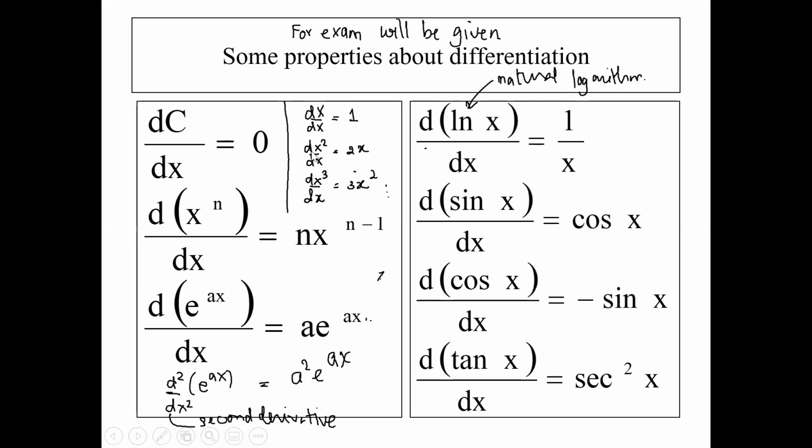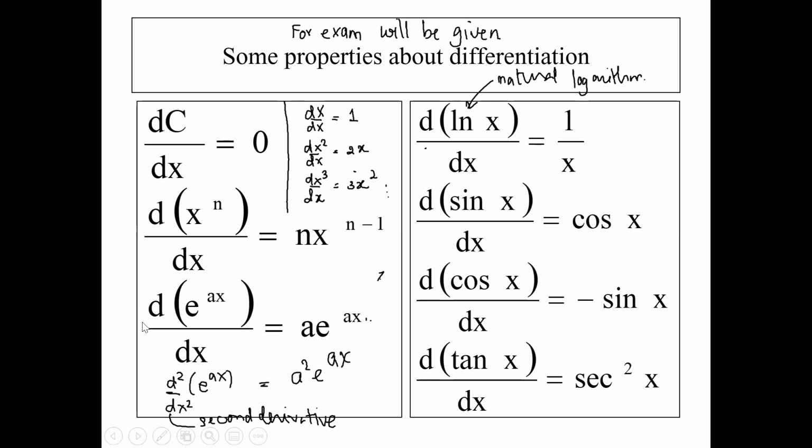If we take x squared, for a parabola, we will see that d x squared by dx is 2x, and d x cubed by dx is 3x squared. We can sum it up in a formula stating that d x to the power of n by dx is n x to the power of n minus 1.